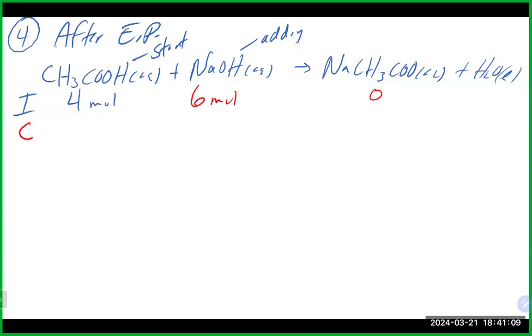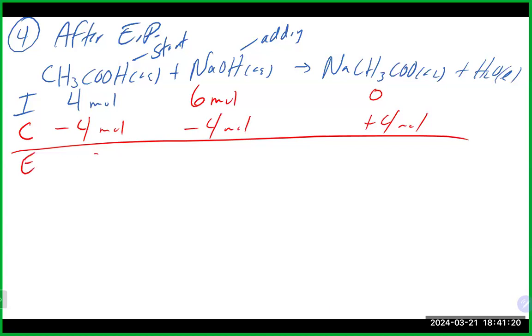You have an excess amount of sodium hydroxide. The acid actually becomes the limiting reagent, and that is going to be our change at this point. 2 moles of this guy, 4 moles of this guy. Now, like normal, we're going to convert these guys back into molarity using, again, the total volume at this point in the titration.